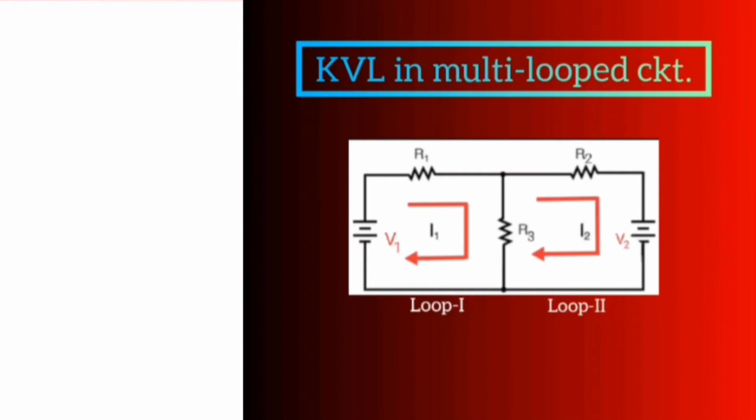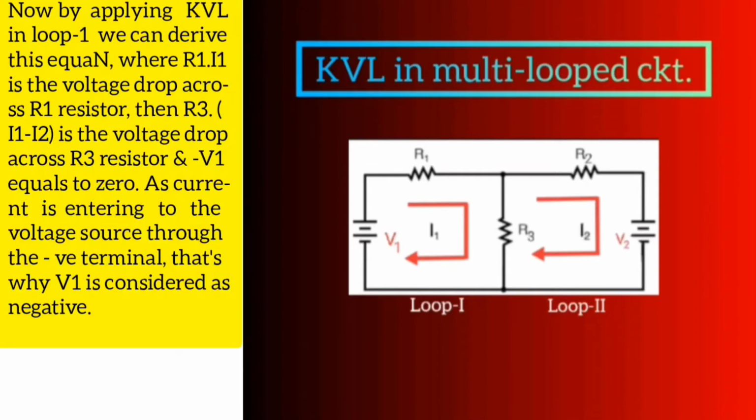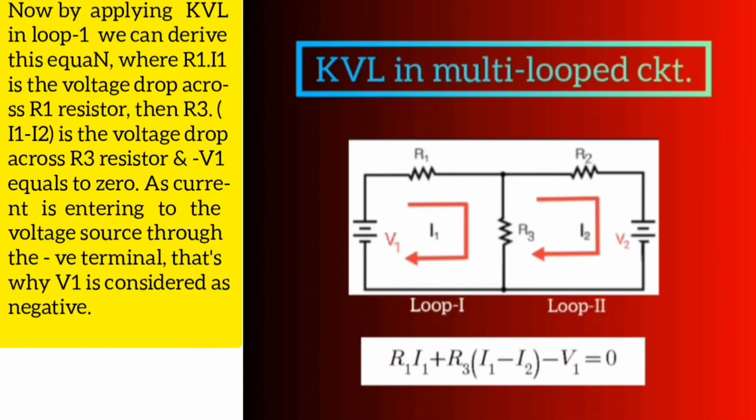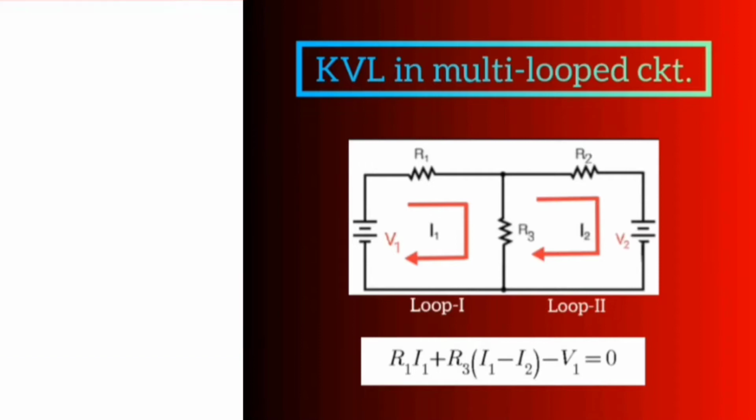By applying KVL in loop 1, we can derive this equation, where R1 I1 is the voltage drop across the R1 resistor, plus R3 (I1 minus I2), the voltage drop across the R3 resistor, and minus V1 equal to 0, as current is entering the voltage source through the negative terminal. That's why V1 is considered as negative.